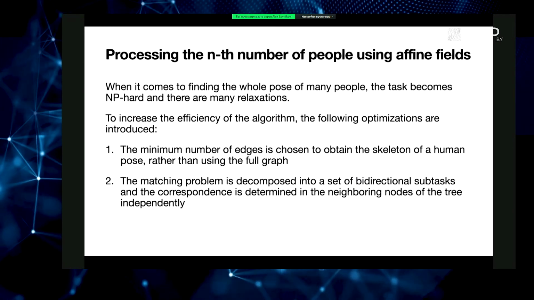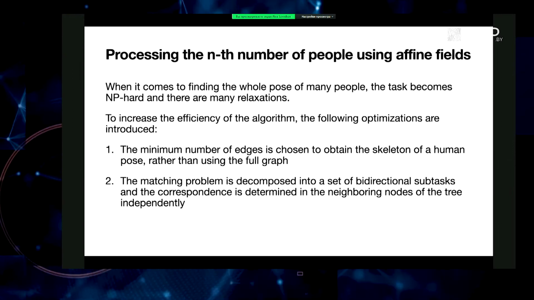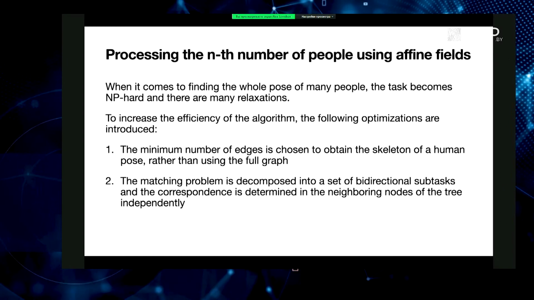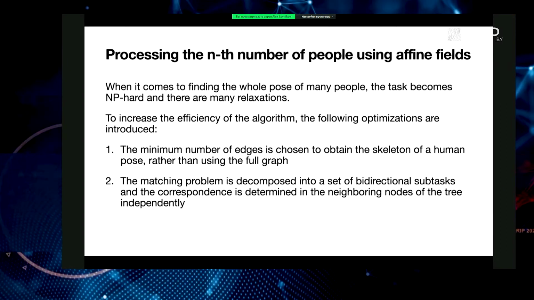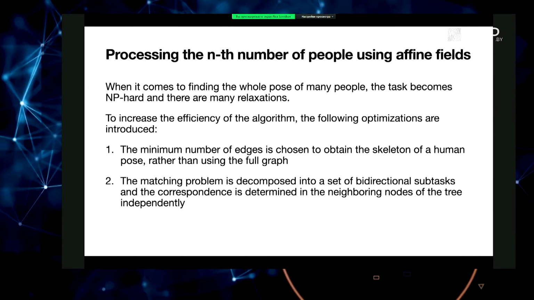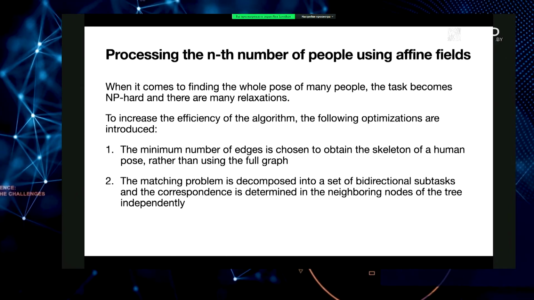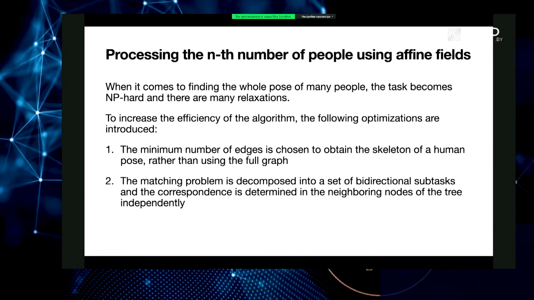This was an example of processing one person, right? The next issue is to process an n amount of people in the image, and we solve this problem using affinity fields.